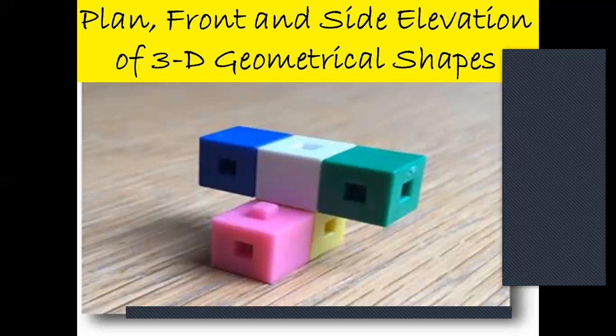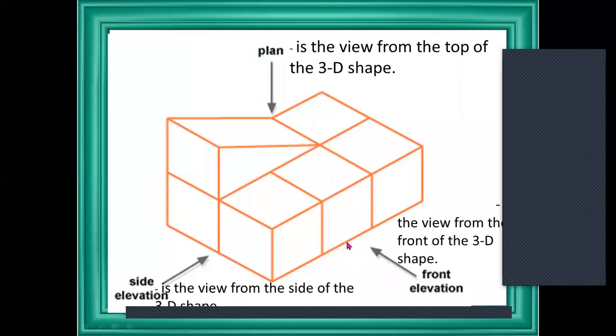So putting that into some examples here, this is a cube, or these are made up of cubes. Now, if we say plan, Bacon, will you please read what is a plan?